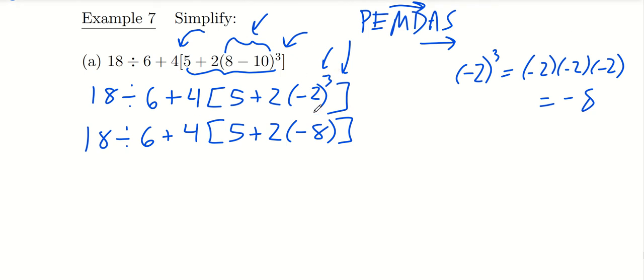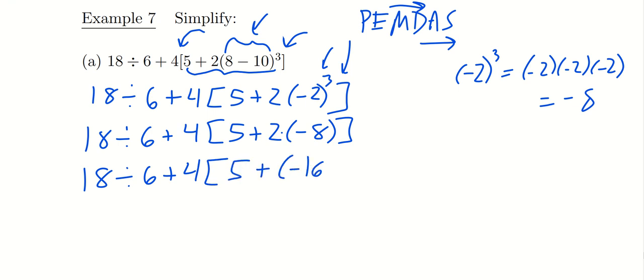We're still working within this grouping, this bracket. We did the sub-bracket or subgrouping symbol. We did the exponent. We have an addition, and we have, again, this implied multiplication. We know multiplication comes before addition, so we need to do 2 times negative 8. Two times negative 8 should give us negative 16.